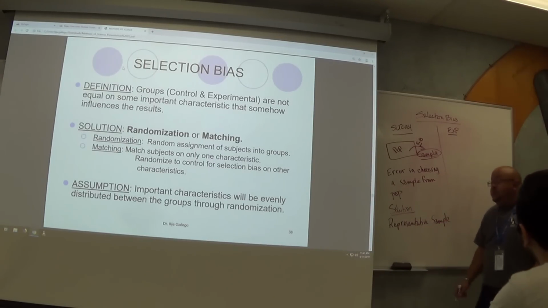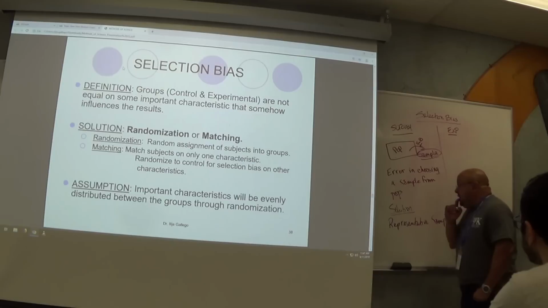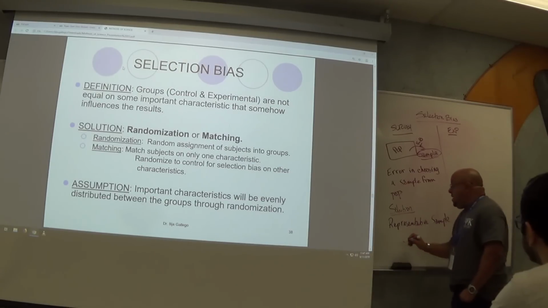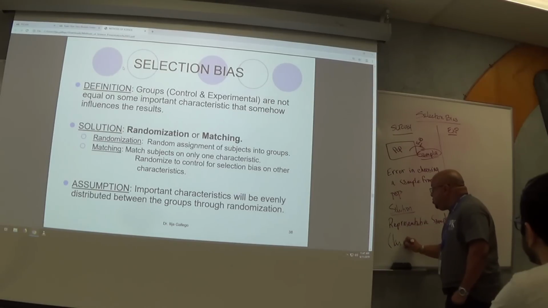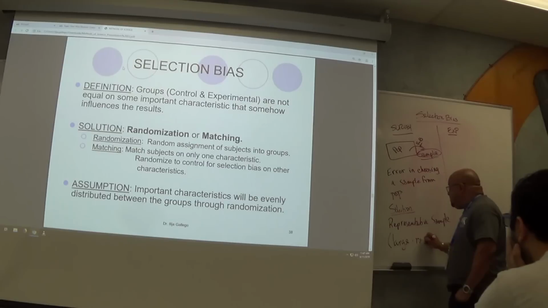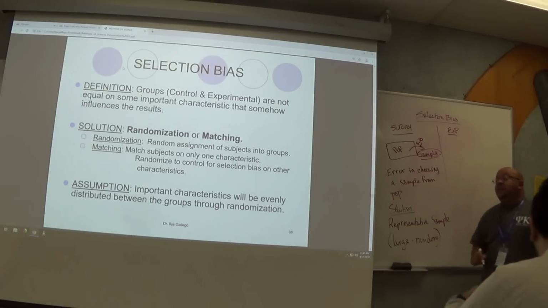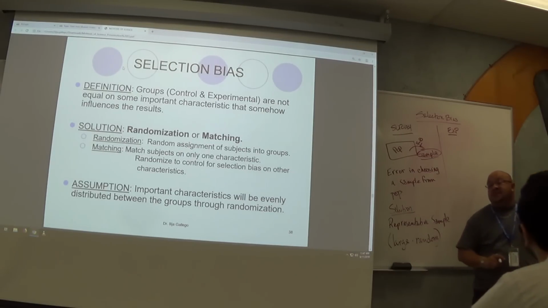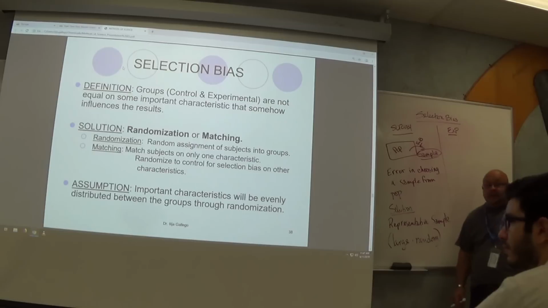And what I do with this is, in order to get a representative sample, I try to get as large a sample as possible. And if I can get a random sample, which are actually very difficult to get, but if I can get a random sample, I go with that. You with me? Okay, so we've already talked about that.